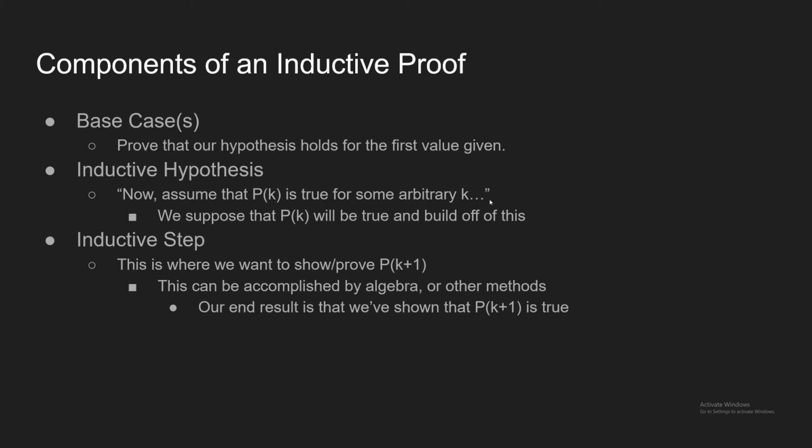And again, we're going to state that P(k) holds over the constraint. We suppose that P(k) will be true, and we build off of this. For our inductive step, this is where we want to show or prove P(k+1). For induction, this can be accomplished by algebra or other methods, and our end result is that we've shown that P(k+1) is true.